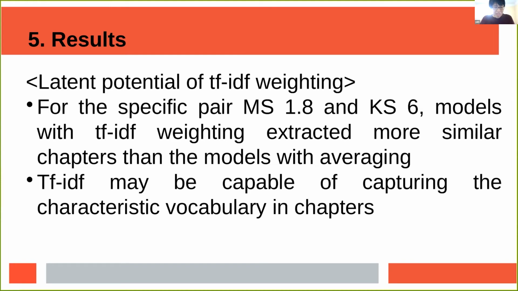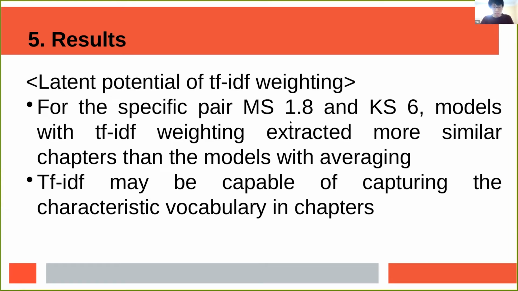I have a guess at the better performance of TF-IDF in this respect. Actually, the parallel passages with MS 1.8 do not concentrate on a certain portion, but they are scattered in KS6.